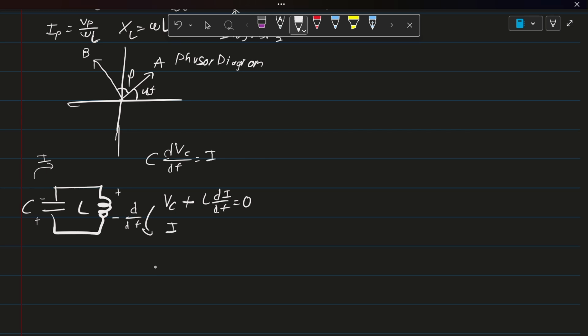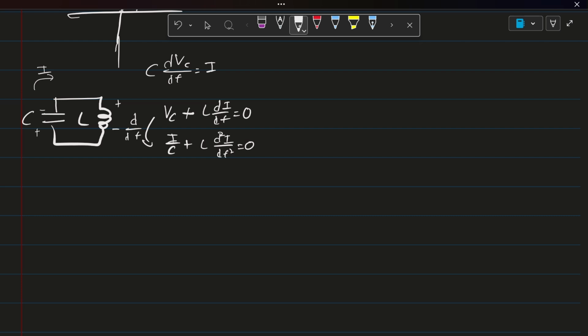So this is I over C plus L d squared I over dt squared equals 0. Now, this is based on the general physics 1 idea of oscillation as well as the differential equation. So I won't fully discuss how to solve this type of differential equation again.